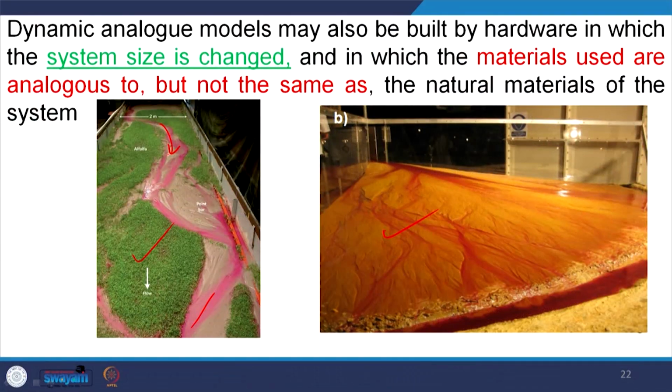These are dynamic models, because suppose we are creating some natural or artificial material of identical characteristics and we put water here. Once we put water here, we are creating a river system.